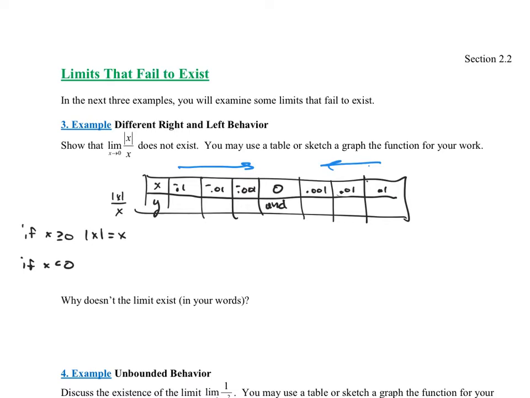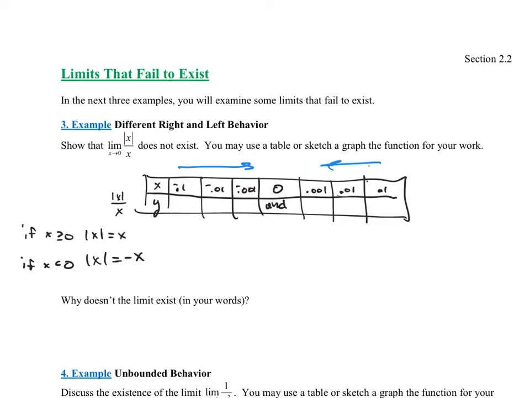Again, if you input a positive, it keeps it exactly the same. It doesn't change it. But if you input a negative number, it gives you the opposite of that number. So anytime x is negative, the absolute value of x is the opposite of what you put in. You put in the number negative 4, it gives you the opposite of negative 4, which is a positive 4, right?